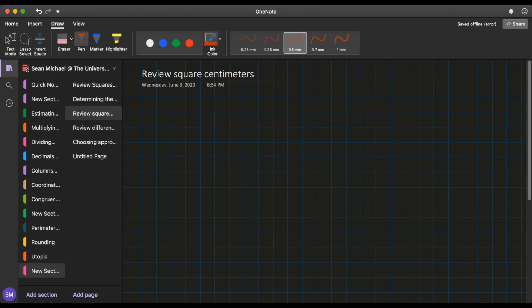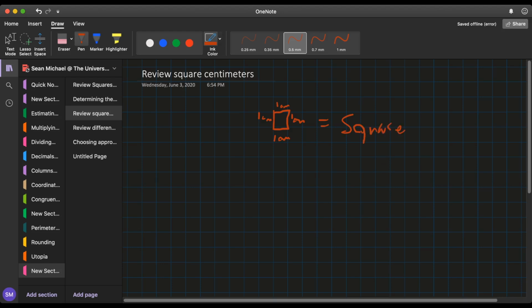Well, here, first, before we get there, let's just say that a square, this is 1 centimeter, okay, and a square centimeter is going to be a box made out of different sides of 1 centimeter each. So each of these will be 1 centimeter, and this will be 1 centimeter as well, and that is considered a square centimeter.